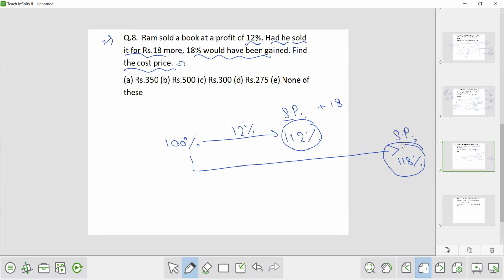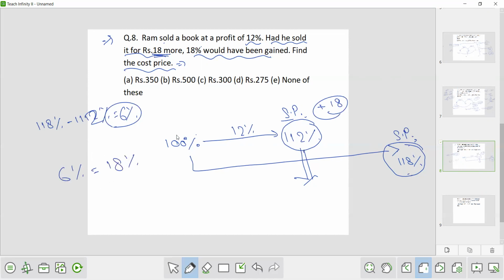So the difference between SP1 and SP2 is 6%, that is 118% minus 112%. And 6% is equivalent to 18 rupees, because it is given that he would have sold at 18 more. So 6% is equivalent to 18.